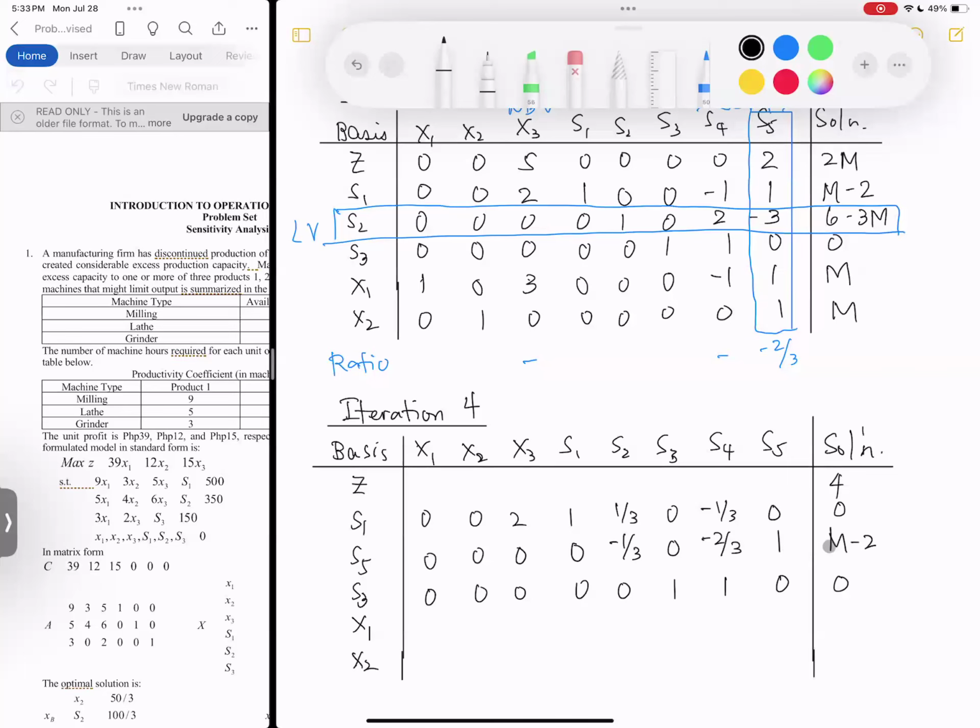Yes, sir, 4. So can somebody give me the 0? For the zeros, sir, it's 0, 0, 5, 0, 2/3, 0, 4/3, 0.